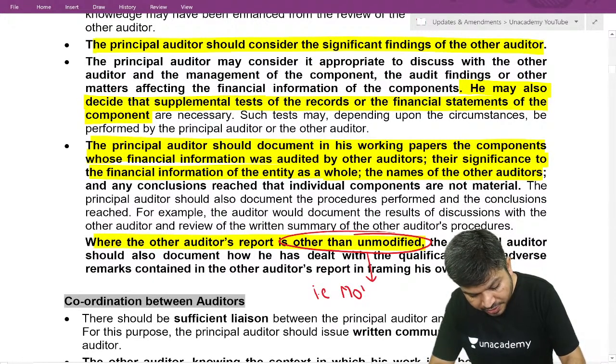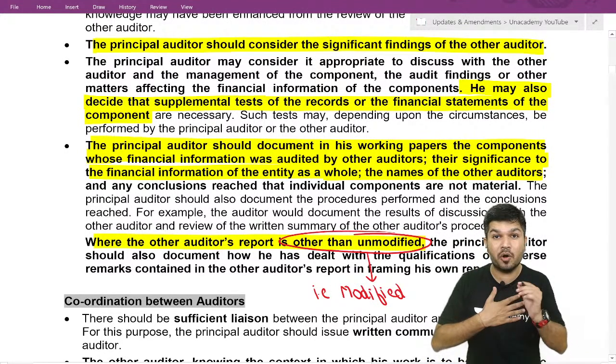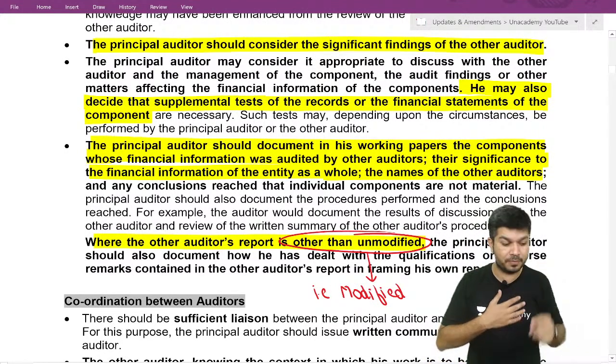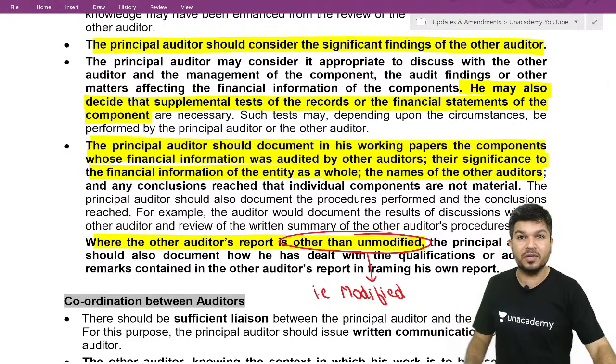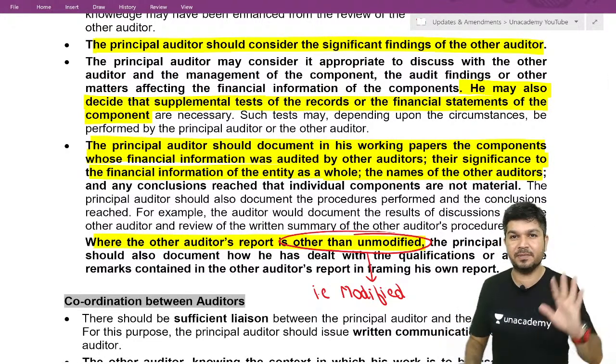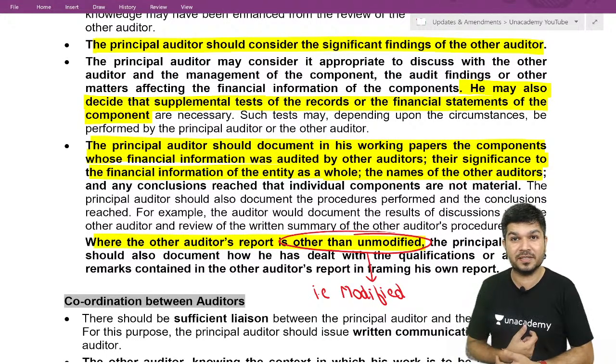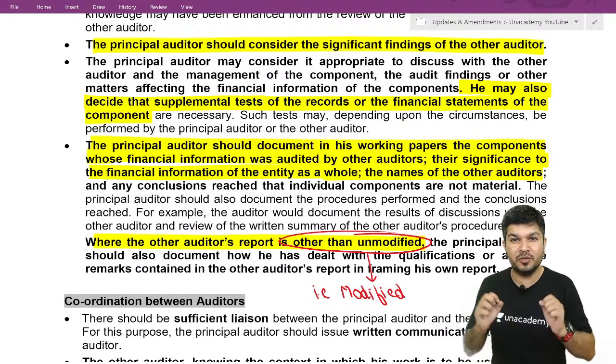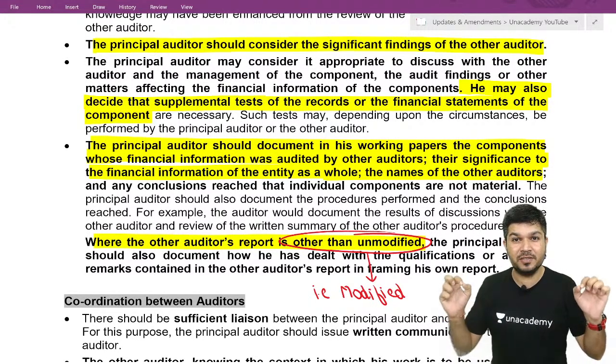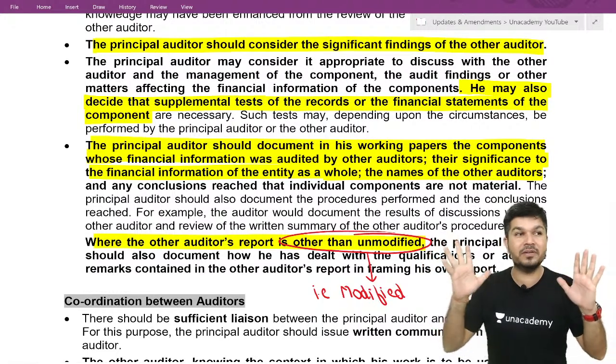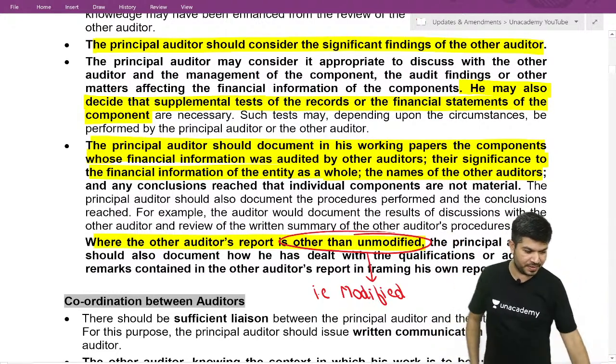If the branch auditor has given a modified report, the question is, do I also need to give a modified report? Modified includes qualified, adverse, disclaimer, anything. So if the branch auditor has given a modified report, do I also need to mandatorily give a modified report? Yes, no.